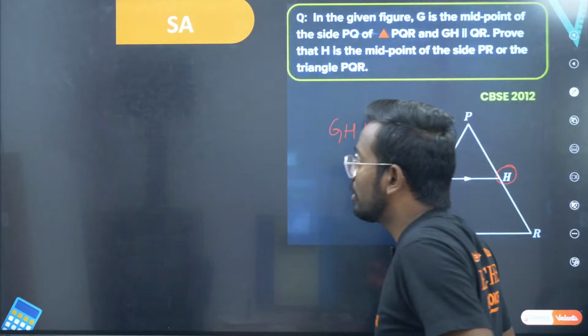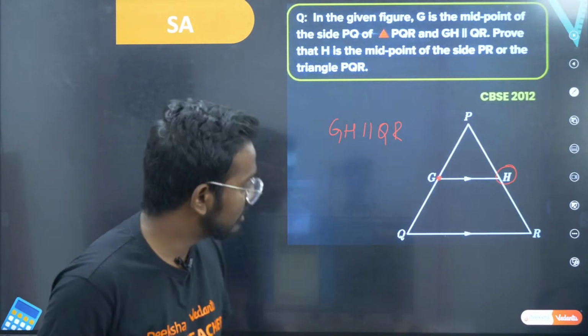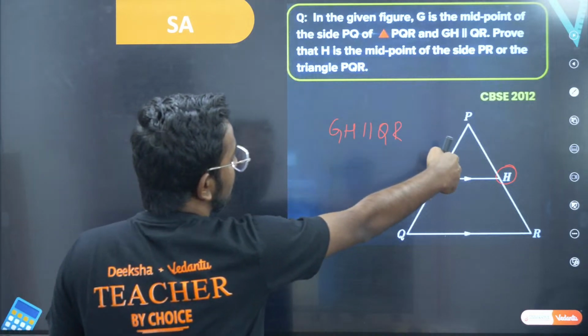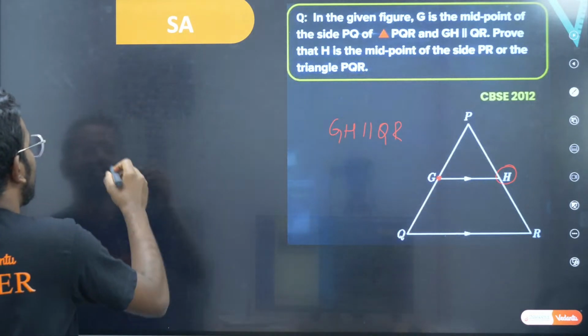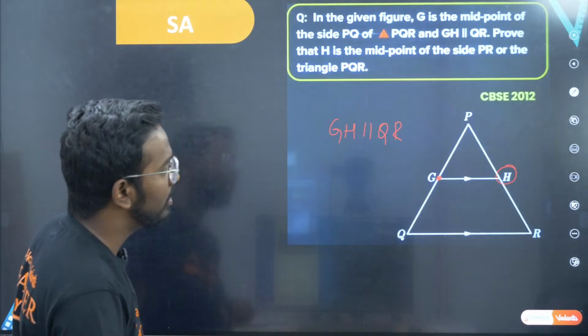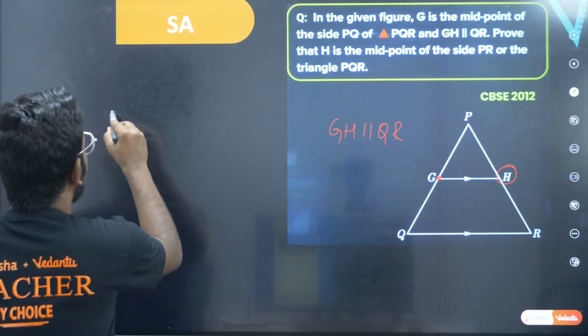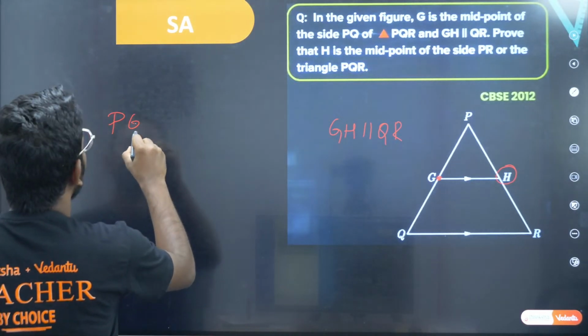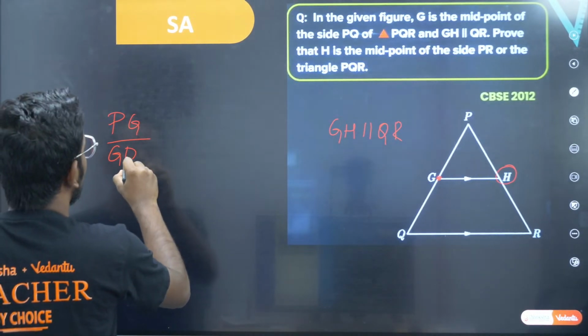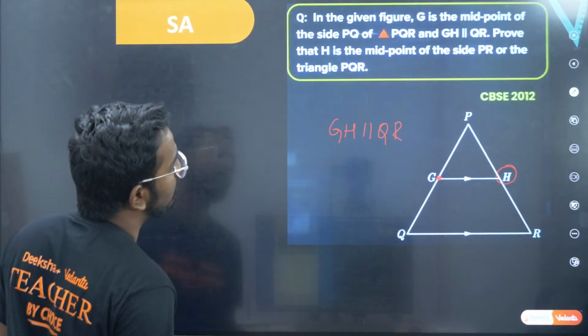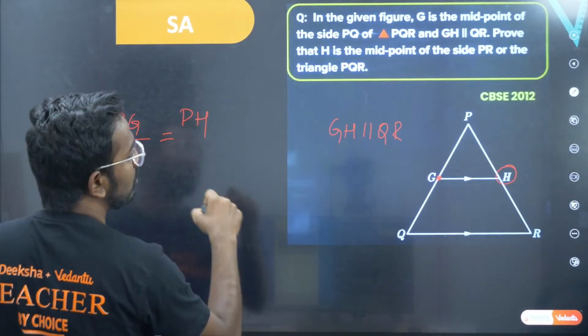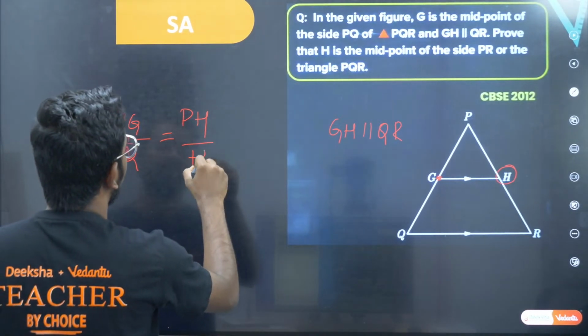Okay. So now what will you do? How to solve this question is, since they have mentioned these two are parallel, definitely they'll satisfy BPT theorem. So from here what you can say, sir, PG by GQ is equal to PH by HR, right?